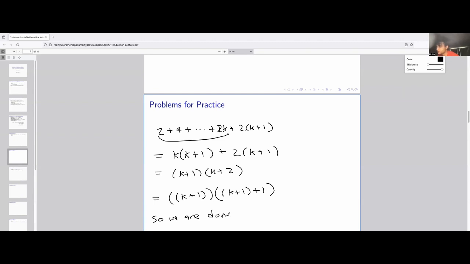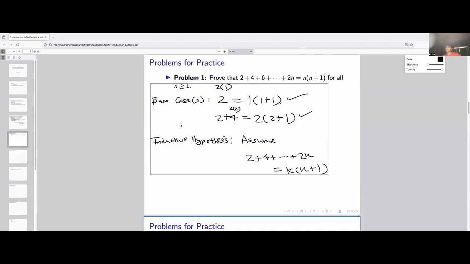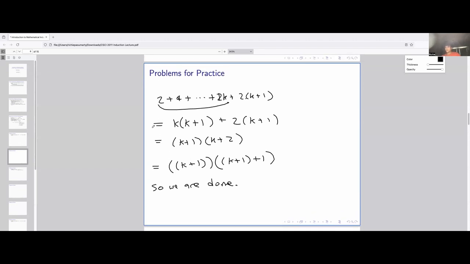If you want, you can actually write the exact statement. You can say 2 plus 4 plus all the way till 2n is equal to n times n plus 1 for all n greater than or equal to 1. I would say if you're being really precise, you should write that, but I personally don't care about such excessive formalism.